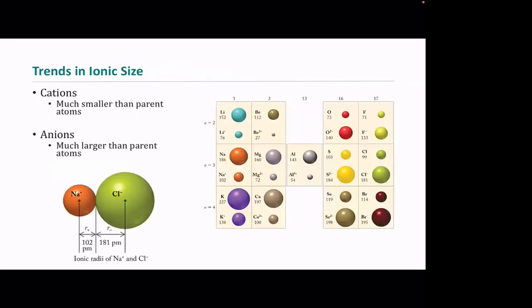Now, will a cation be smaller or bigger than its parent atom? Smaller. It's losing electrons. Now remember, electrons repel each other. So the electrons in the shells are actually repelling each other, and they can actually increase in size. So in some cases, it's just a repulsion effect.